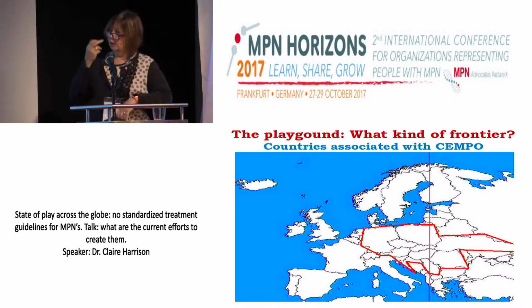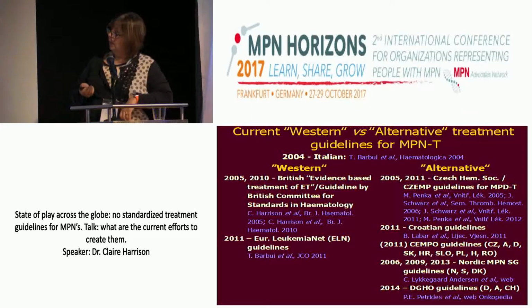Alternatively, there are also other guidelines. So it's not just Western Europe, the UK and the United States. There are guidelines in Eastern Europe as well. I'm showing you these guidelines that come from the network known as CHEMPO, which includes much of older Eastern Europe. And there's quite a difference between some of the guidelines that we have.